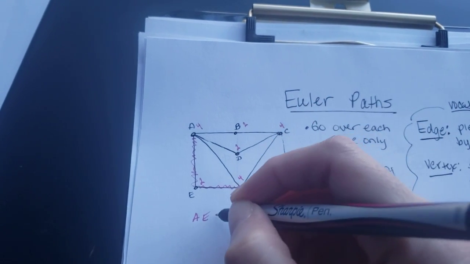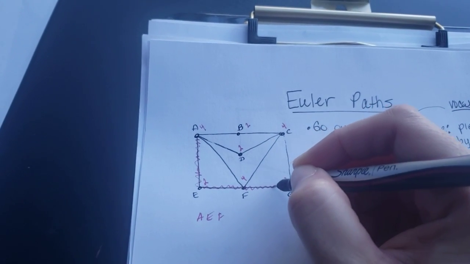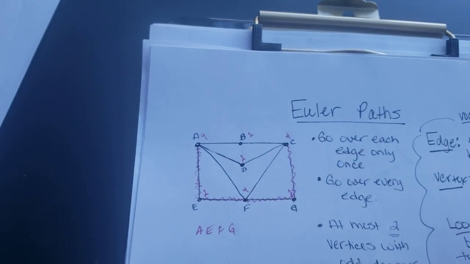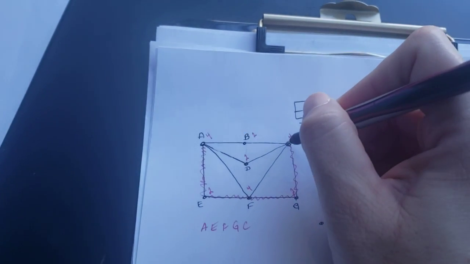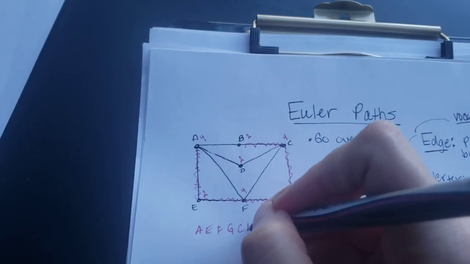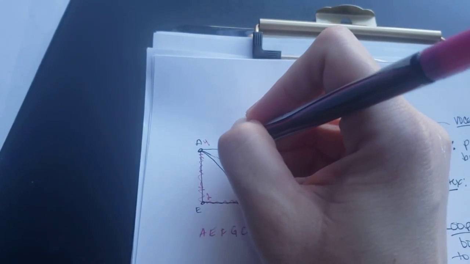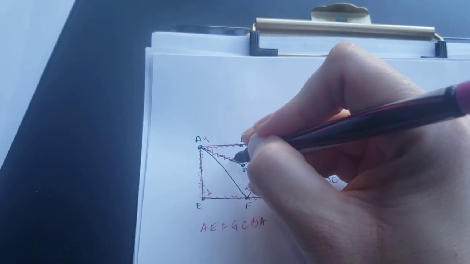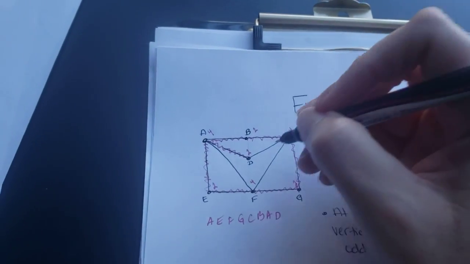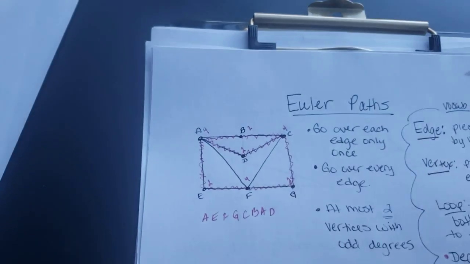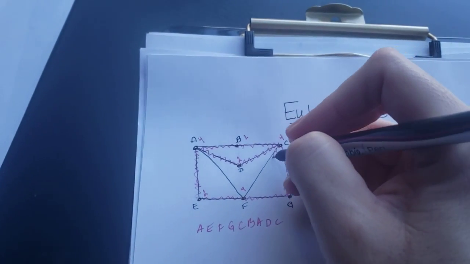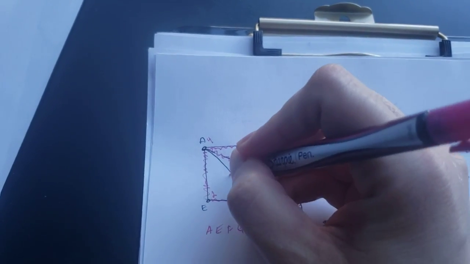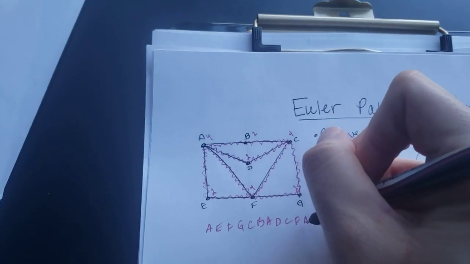Then I'm going to go E to F, F to G, G to C, I go C to B, I go B to A, and now I can go A to D, D to C, C to F, and F back up here to A.